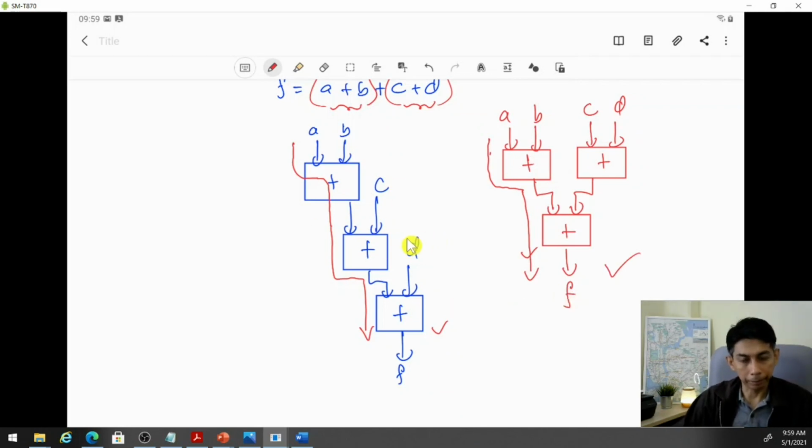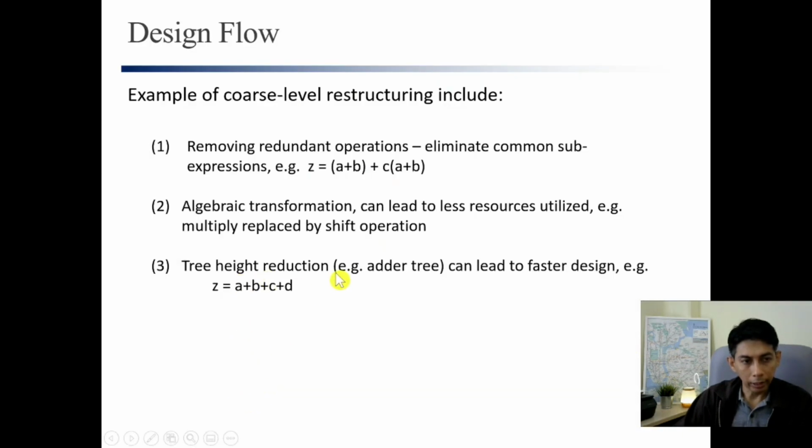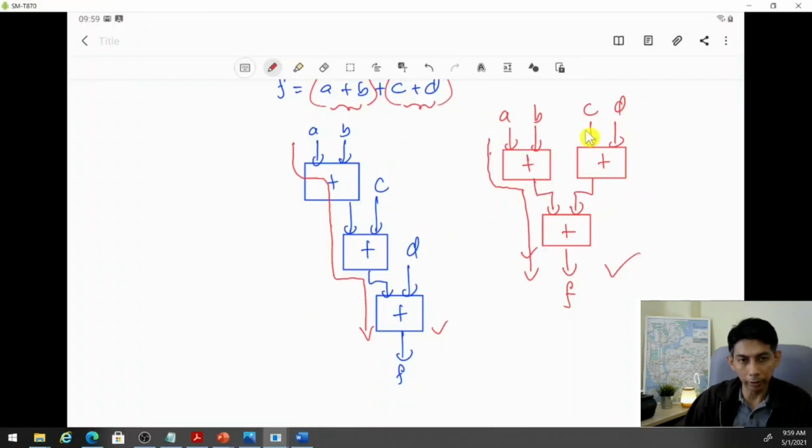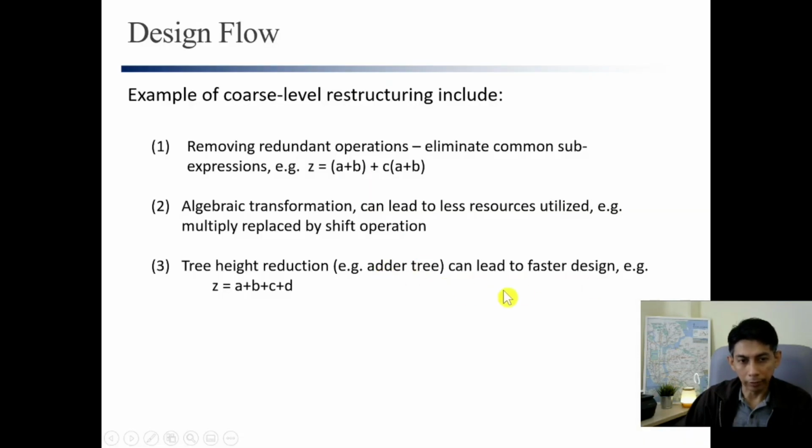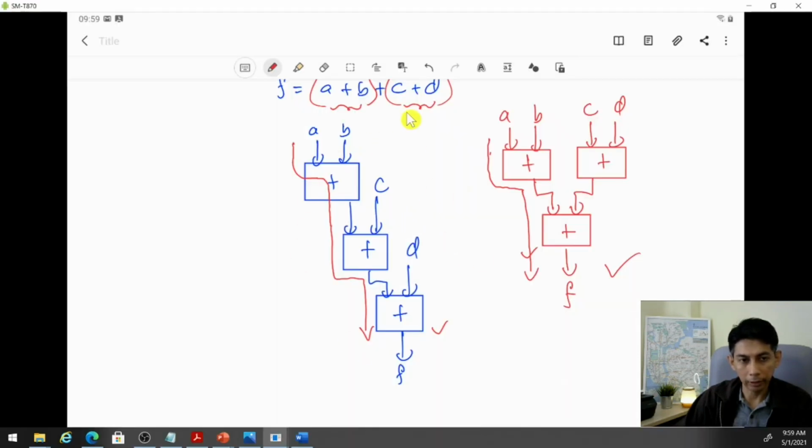So the tree height reduction will lead to a faster design, although you may not reduce the size of the circuit. But you can have a faster design if you have an adder tree like this, or maybe another processing unit.